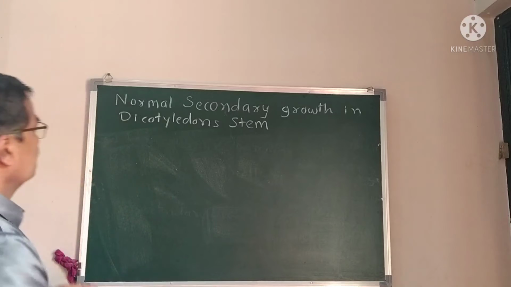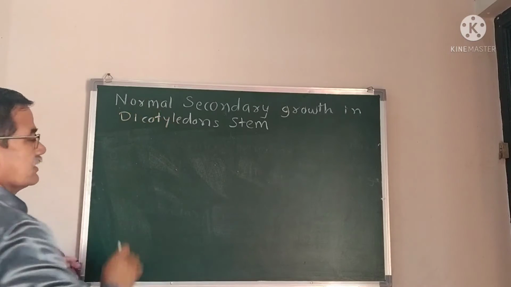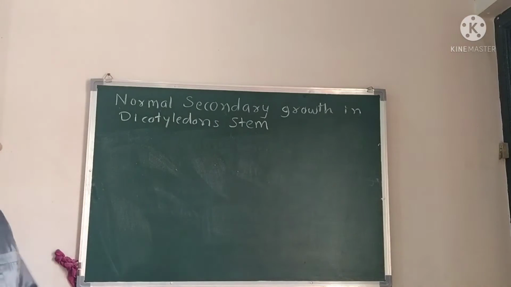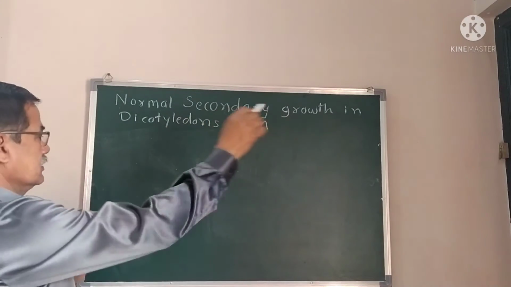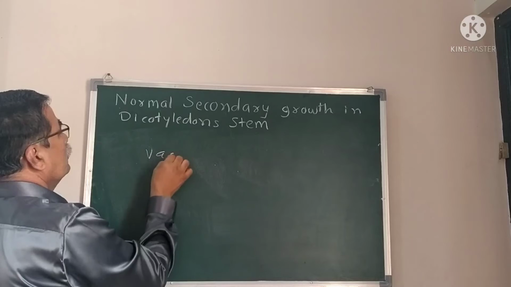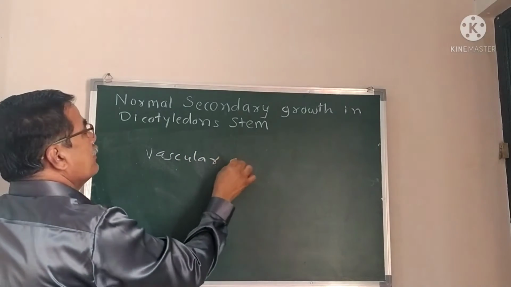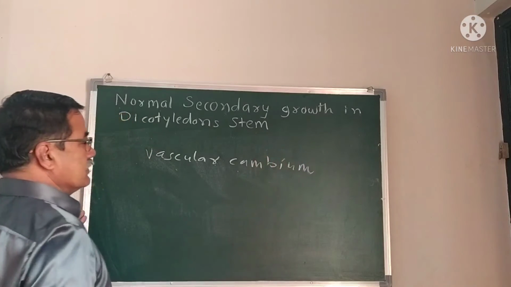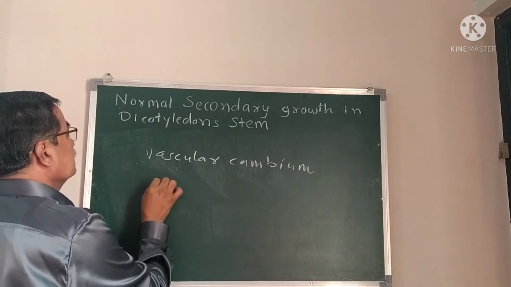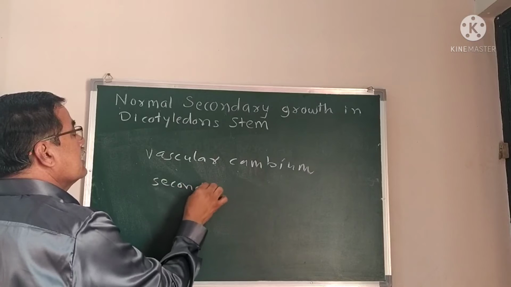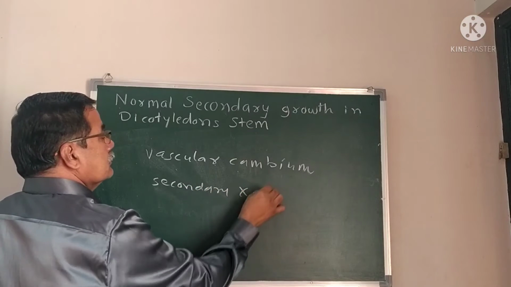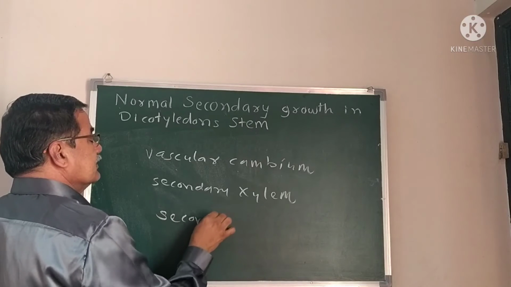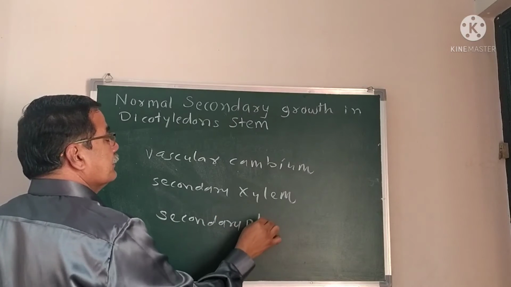Here, normal is one addition work. When secondary growth is formed due to the vascular cambium, the primary tissue, the vascular cambium, produces secondary xylem and secondary phloem.